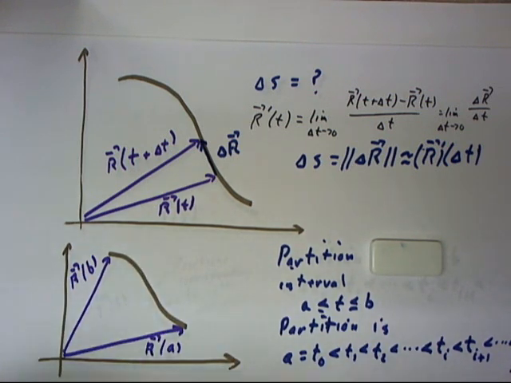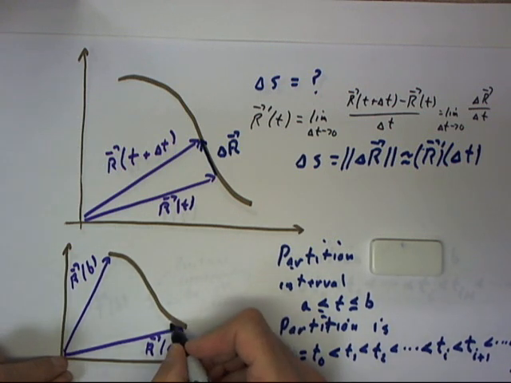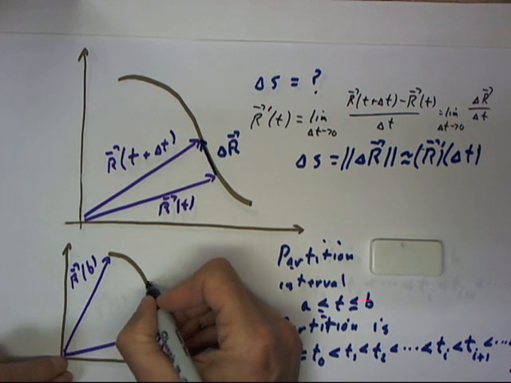So now we've got a partition of our time interval from A to B. The corresponding R vectors will then have terminal points that run from R of A, which corresponds to our T naught point, to r of b, which is our t sub n point, and we'll have a number of points in between. We consider this to be a large number.